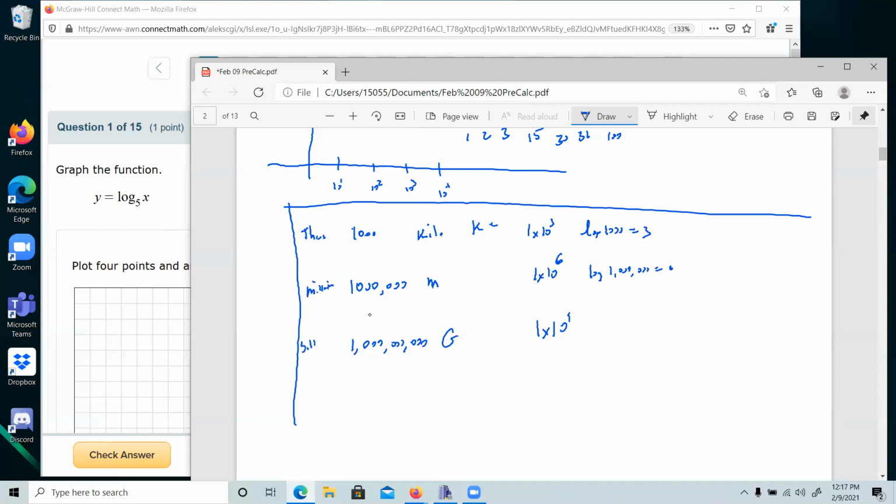We're at billion. So when people are talking about millions and billions, you should think, oh, it's got 6 zeros or it's got 9 zeros. A billionaire has 1 times 10 to the 9th dollars. The log of this thing is 9. I'll make that a 6 so you can see it.